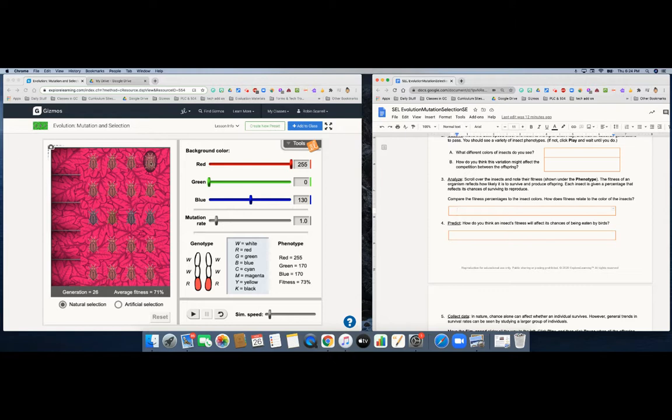Go into yours, and I have 1, 2, 4, 5, 6, 7, 8, 9, 10, 11, 12, 13, 14, 15, 16 that are reddish, and their percentage of fitness is 73. When we go to the black ones, these are all black, their percentage goes down to 61.